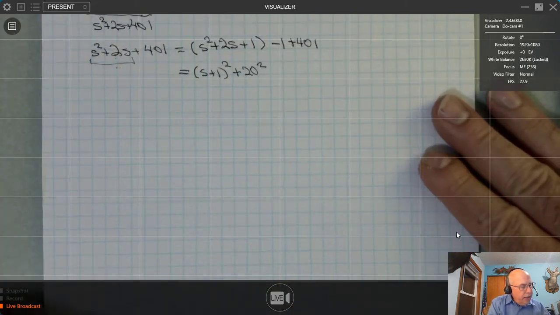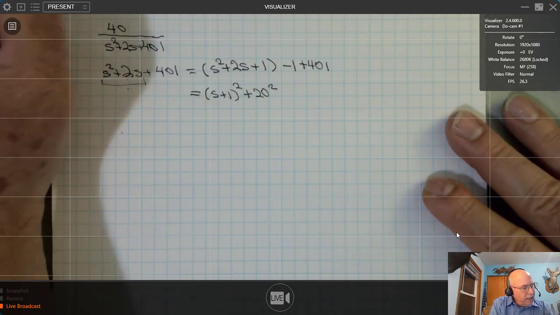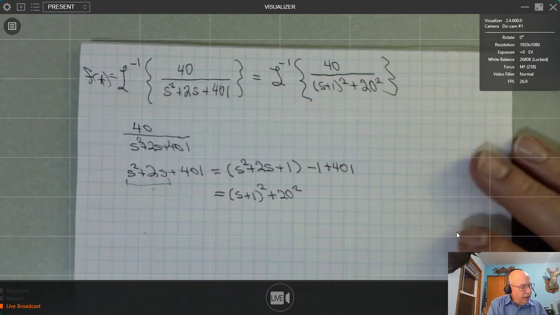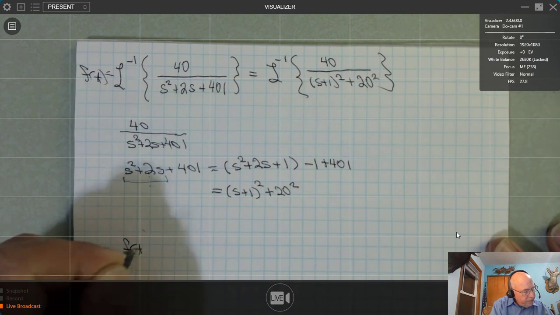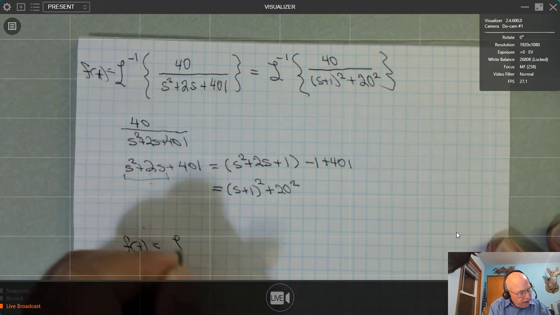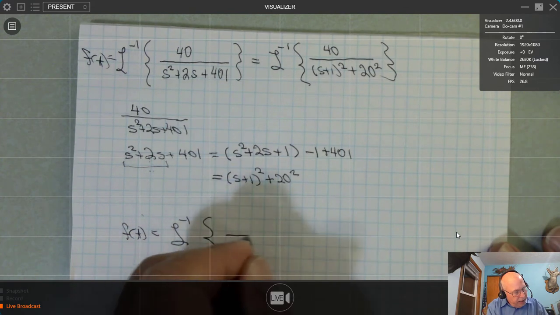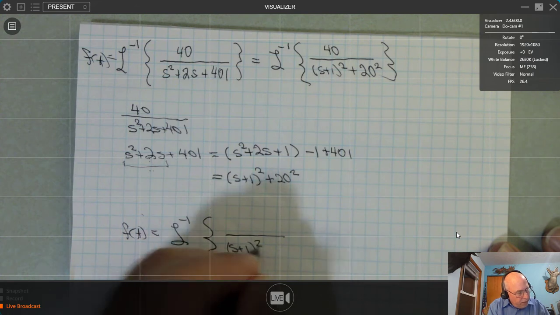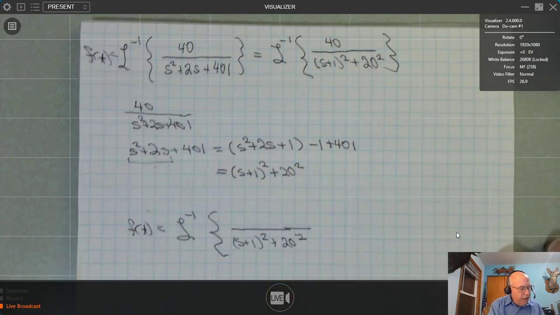Now, in order to make this fit, let me just give that a name: f of t is the inverse transform of this. Everything is almost perfect just now. I just have one little change to make, and that is this.